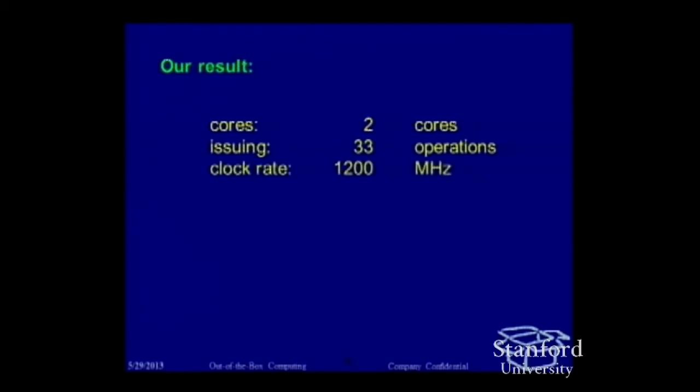Well, the numbers I'm about to give you are coming out of sim or our best guess for marketing. We do not have something which is actually for sale at this point. Take it with a large grain of salt. The particular chip is 2 cores, issuing 33 operations per cycle each, at a clock rate of 1200 megahertz, using 28 watts, and producing not quite 80 giga operations per second total.